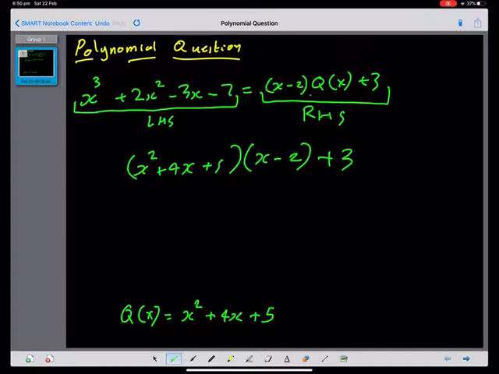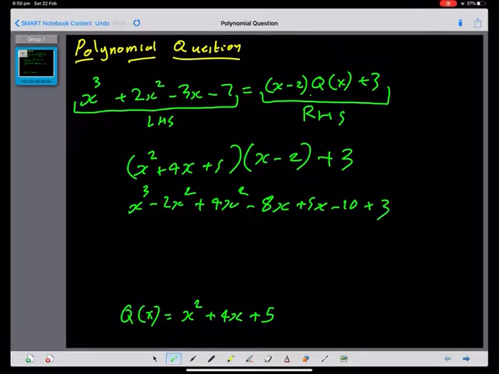Okay, so we've got x cubed minus 2x squared. We've got 4x squared minus 8x plus 5x minus 10 plus 3. Okay, so good so far.